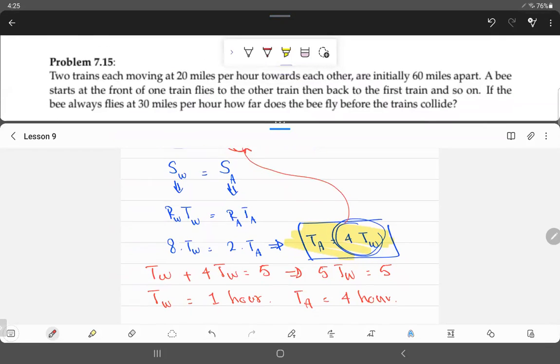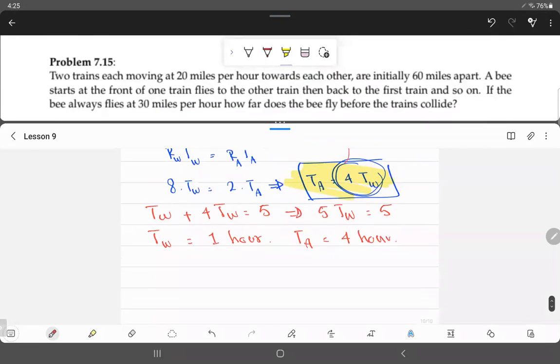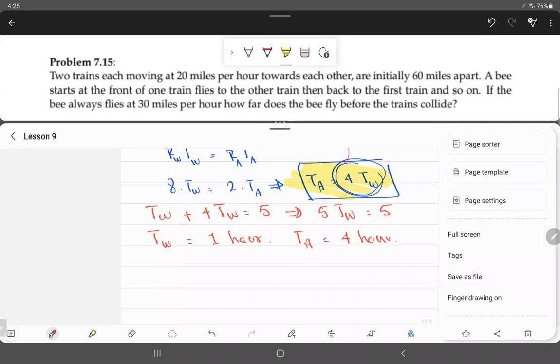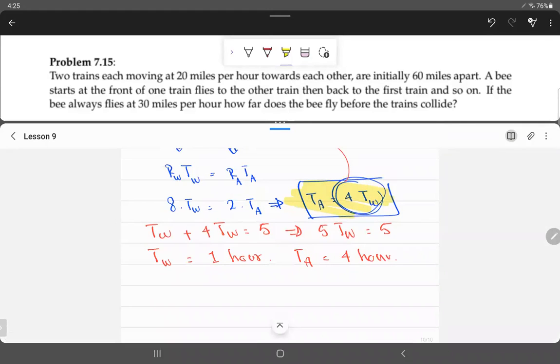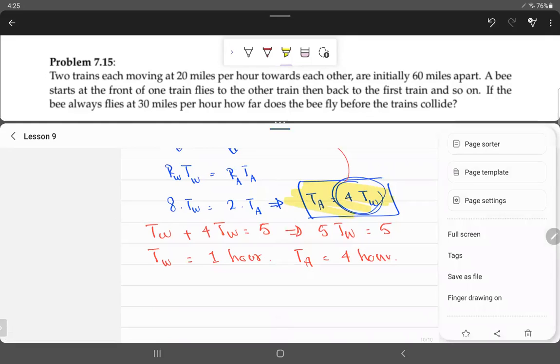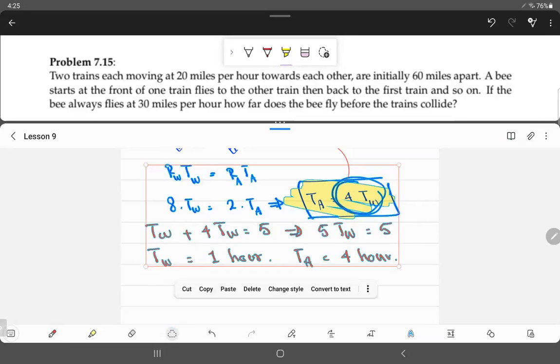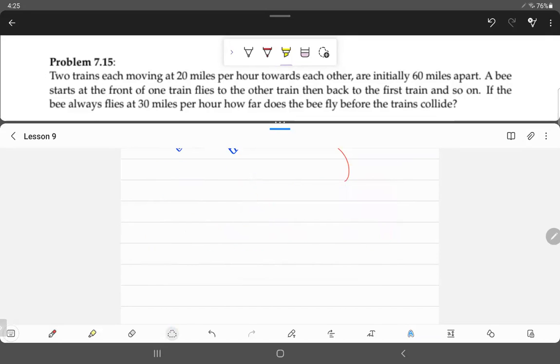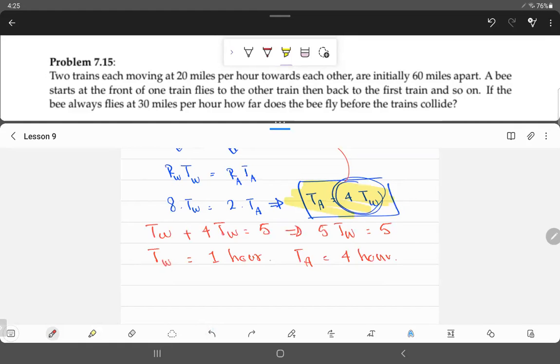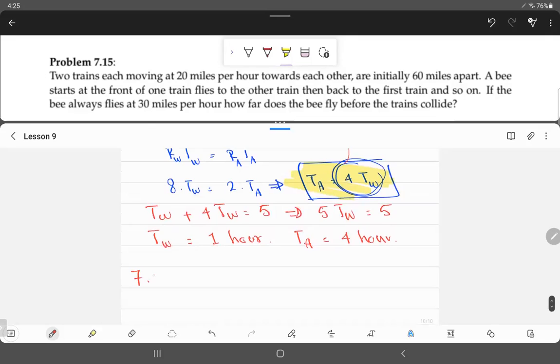2 trains each moving 20 miles per hour. Problem 7.15. 2 trains moving 20 miles per hour towards each other are initially 60 miles apart.